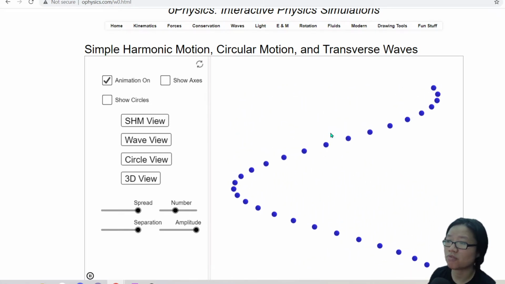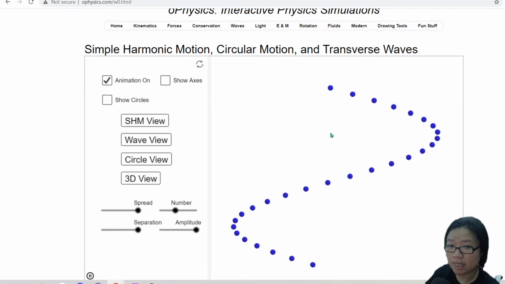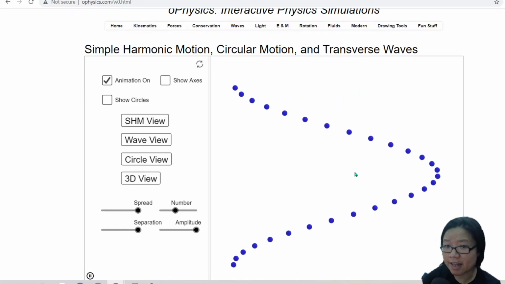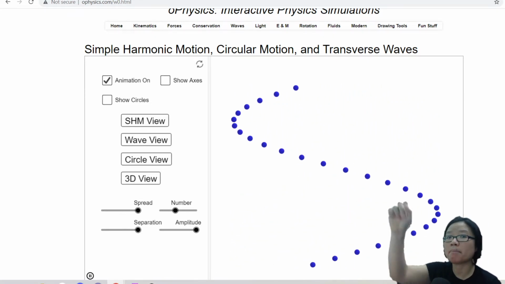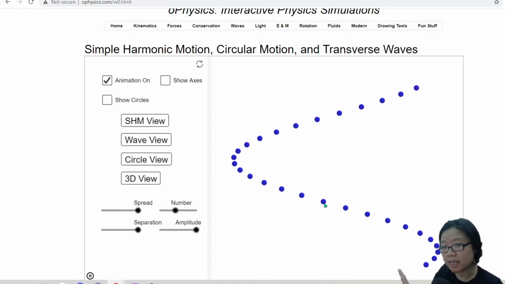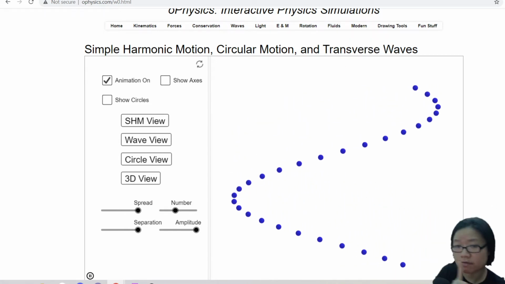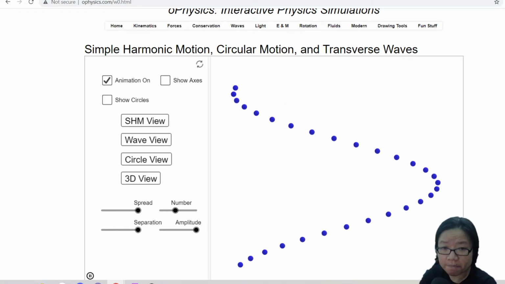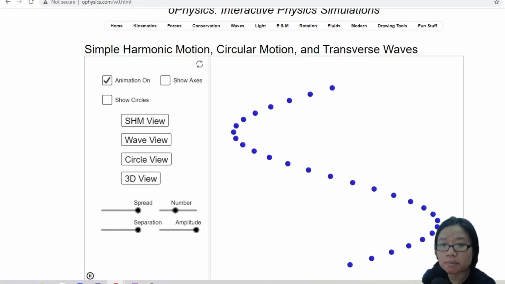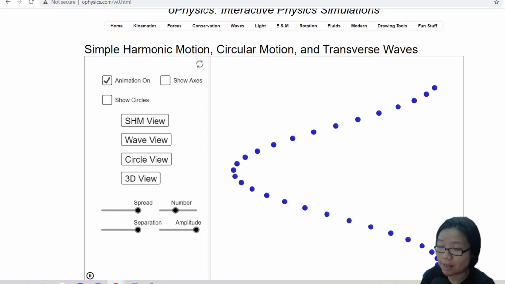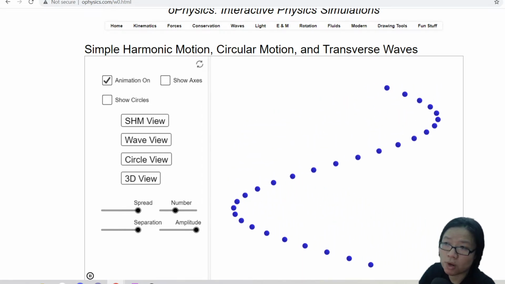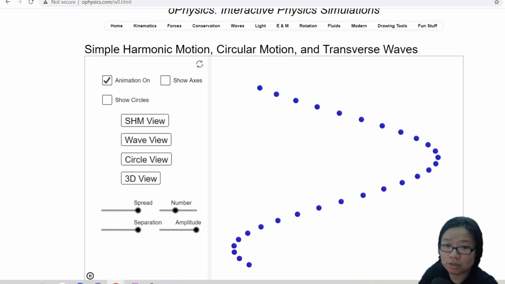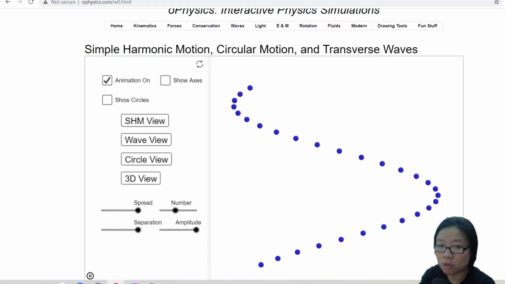The wave profile is moving vertically, up and down, up and down. But the particle is moving left to right. This is transverse, correct? So this is why all wave particles are actually in simple harmonic motion. That's why we study simple harmonic motion. That's why we talk about energy from the perspective of simple harmonic motion.